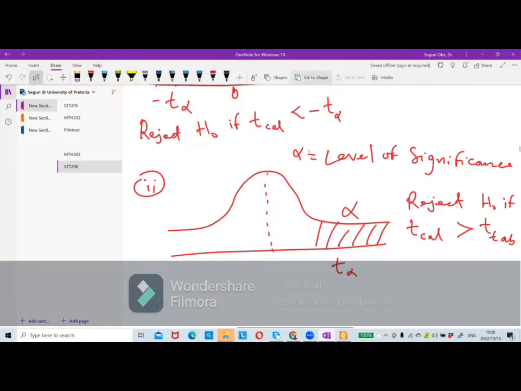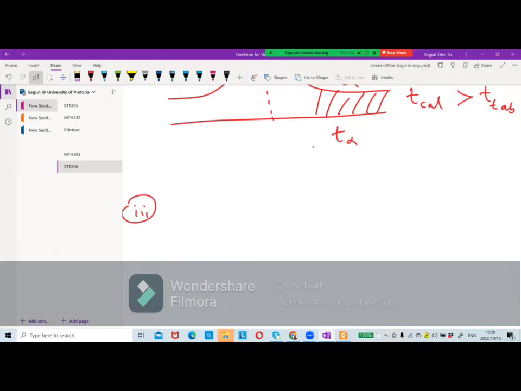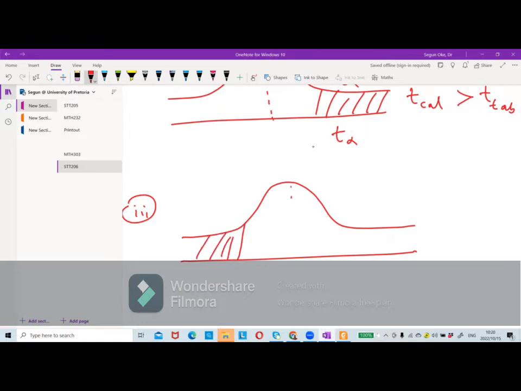But the third one, which is 1, 2, 3, says the both of them. That is 2T. You can see the 2 now. When you have both, your alpha will be divided by 2. You have negative T alpha over 2 and T alpha over 2.